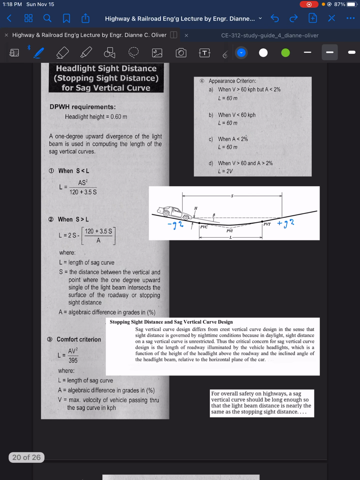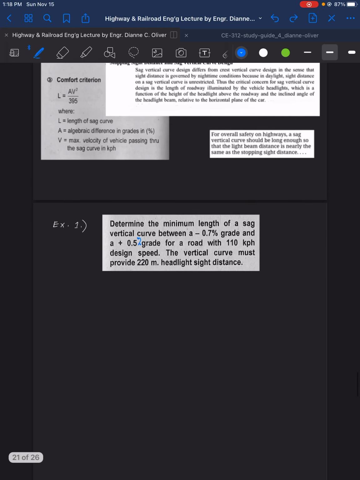Now here we are to determine the minimum length of the sag vertical curve. We're looking for L. Now from the formula, let's try first the first criterion, the headlight sight distance. Let's assume that here S is lesser than L.